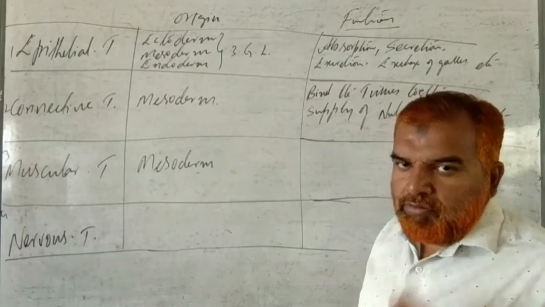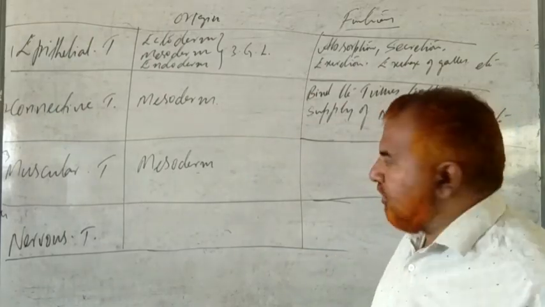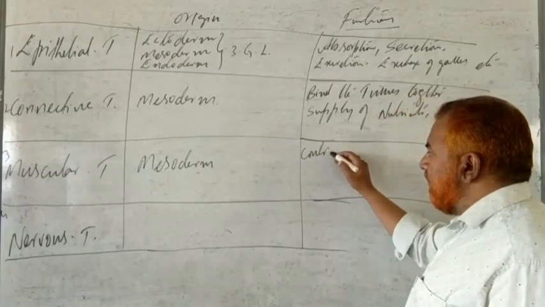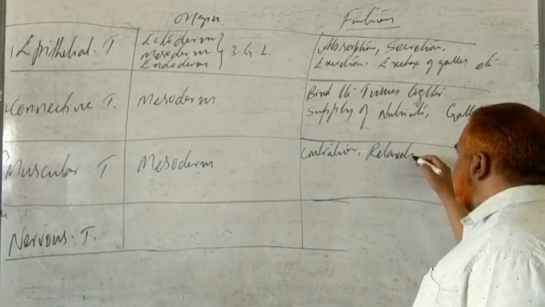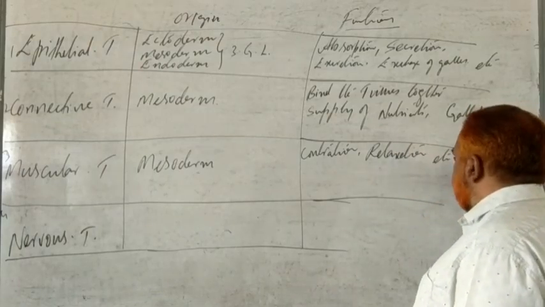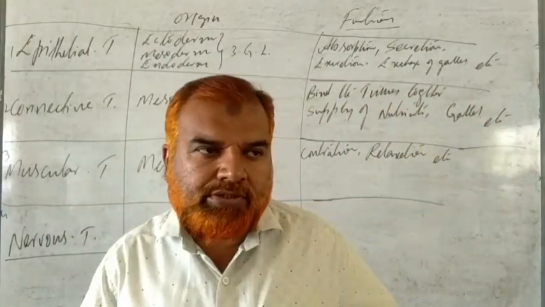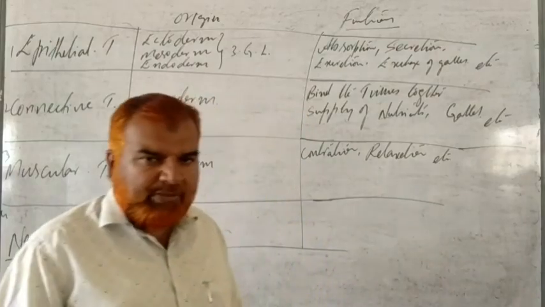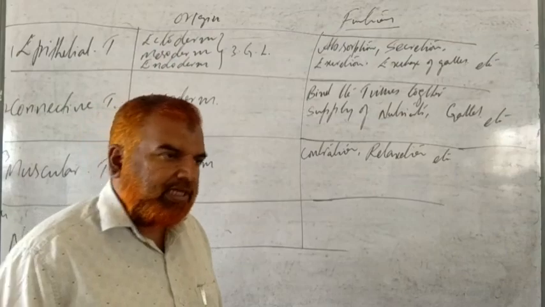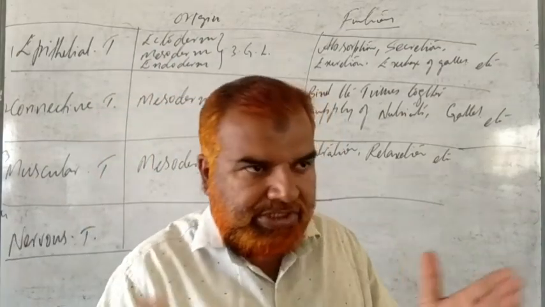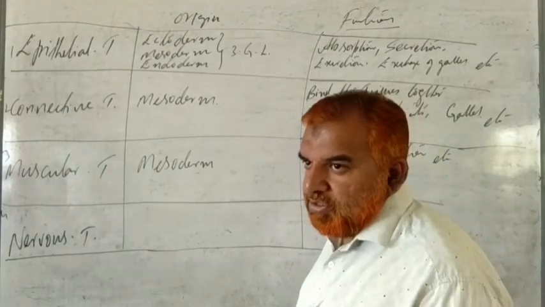The function of muscular tissue is contraction, relaxation, etc. Sometimes a little bit of expansion also, as with muscular tissue in the stomach, intestine, uterus, and vagina, relaxation and expansion also. Clear? So those are the major functions of muscular tissue.